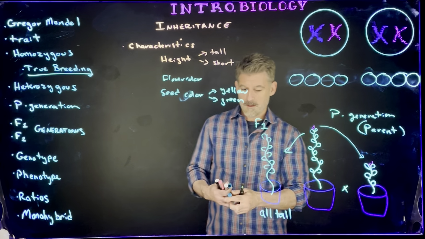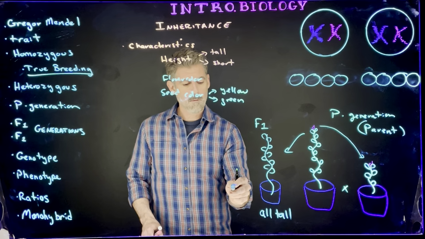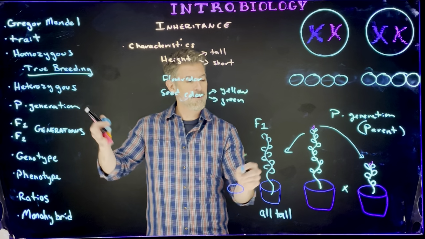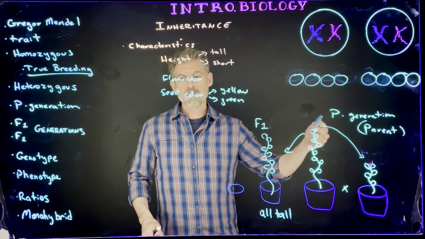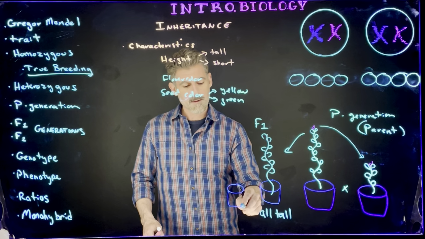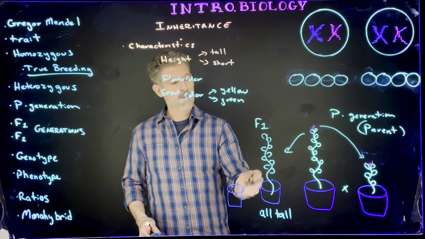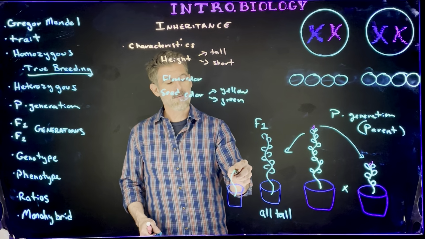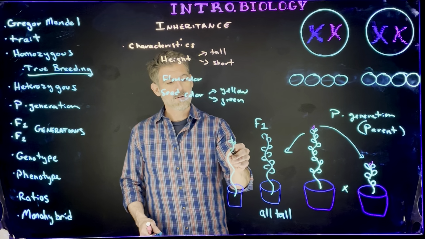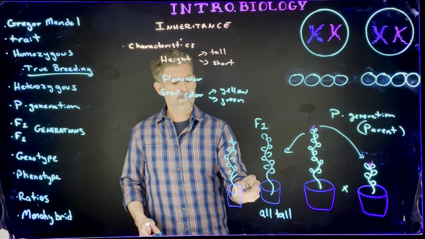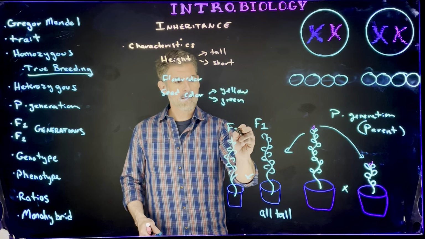What he then thought to do is say, well, about that true breeding aspect, if you make talls with talls, they're always tall, and so forth. So he said, well, what if I took the ones from the F1 generation? I took two F1s, so they're both F1. That's an F1, that's an F1.